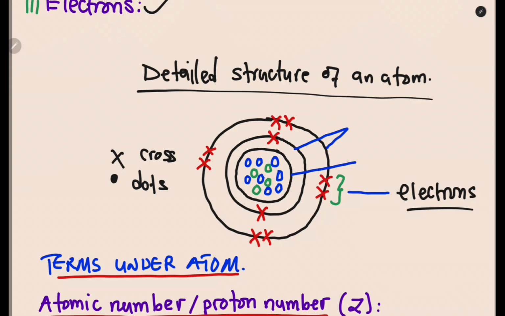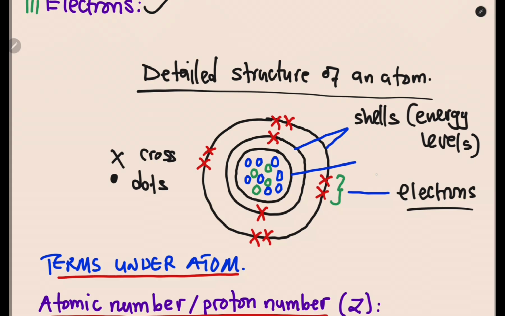They are found in a series of circles, and these are what we call shells. So electrons are found in the shells, or energy levels. The other name for shells is energy levels.